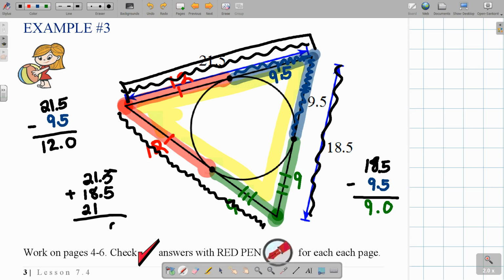Let's add that up. Make sure you bring down that decimal. 1, 2, 3, and 8 is 11. You should be getting 61 units is your perimeter.